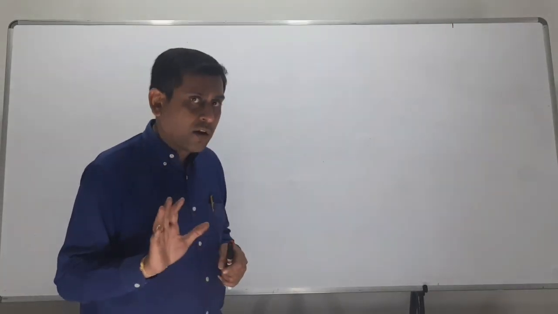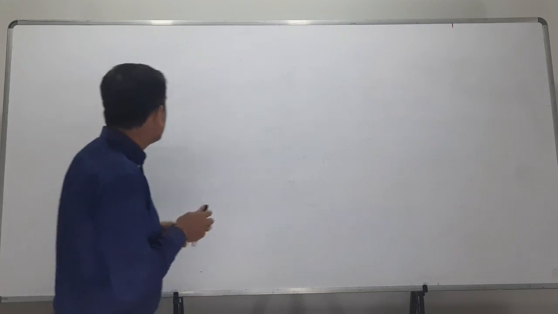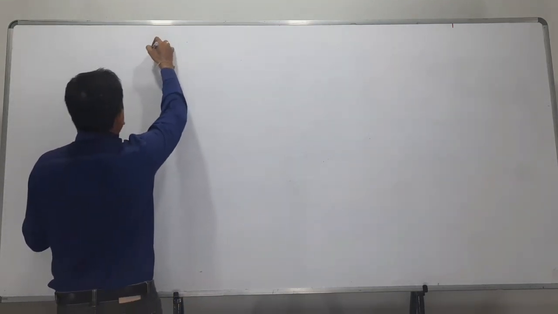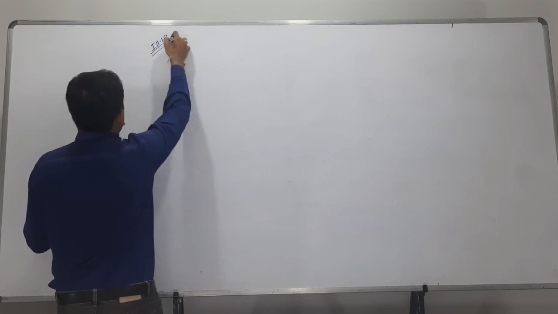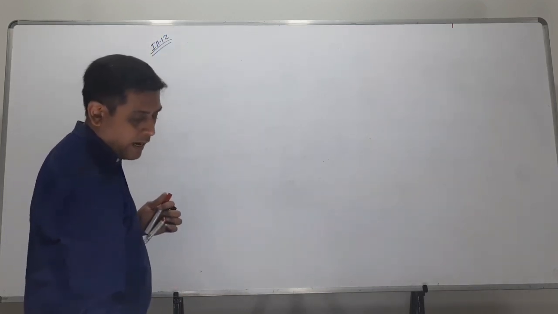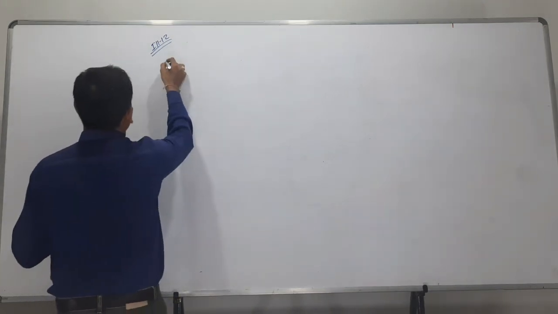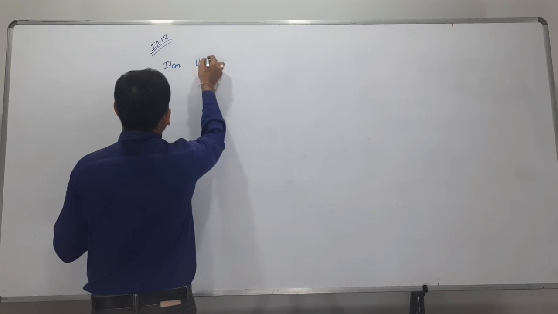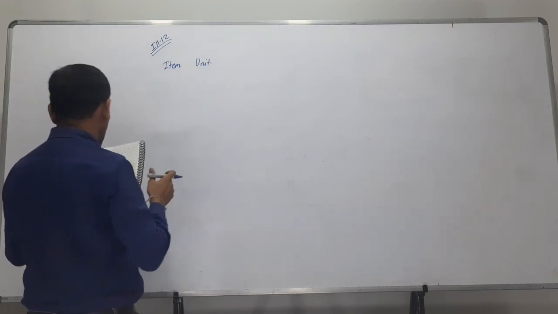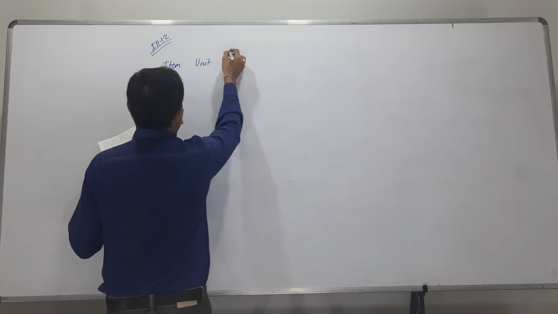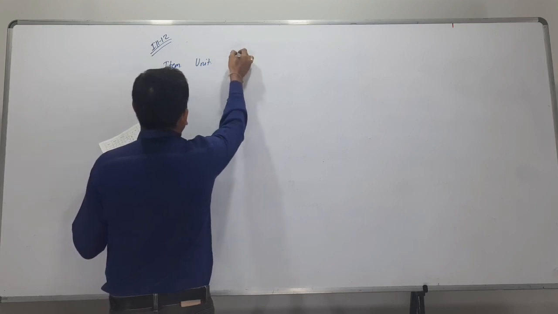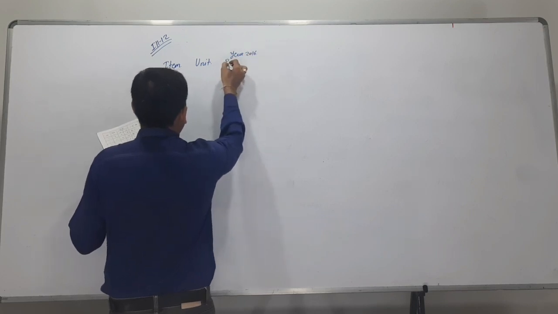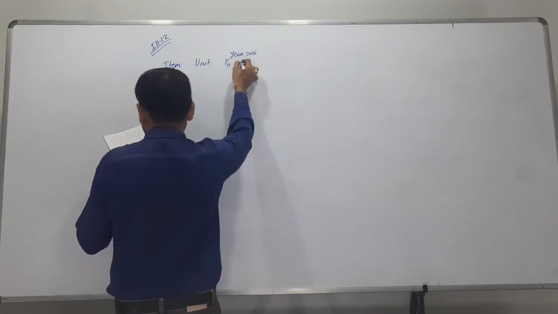First of all, here is the easiest sum, so I am writing that. Illustration 12, item, then unit, whatever is given, first of all you have to write that, then price of year 2016, that is the price of current year.